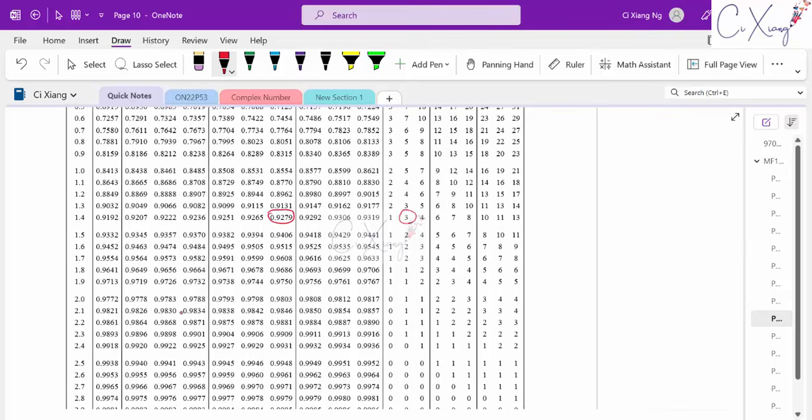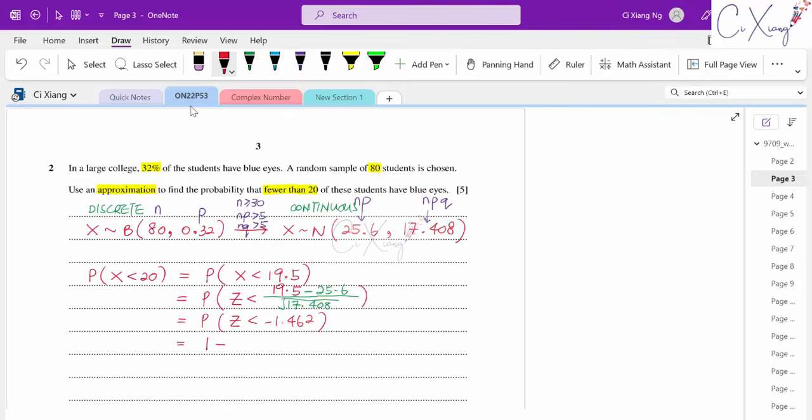So that means I have to add 3 to the last digit of 9279. If I add the 3 to the last digit of 9279, I will get 0.9282. And from here, we will get the answer, which is 0.0718. This is already in 3 significant figures.